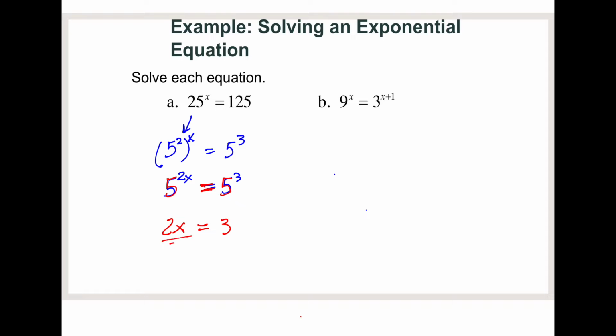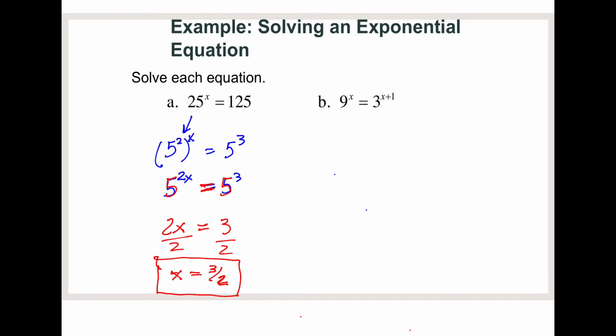And so then we can solve this for x, and we see that 2x would be equal to 3 when x is equal to 3 halves. And so this is the solution to the exponential equation that we have. When x is equal to 3 halves, 25 to the 3 halves power will equal 125.